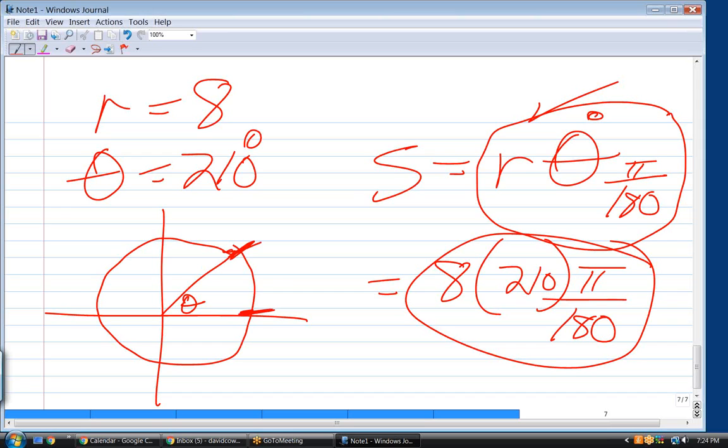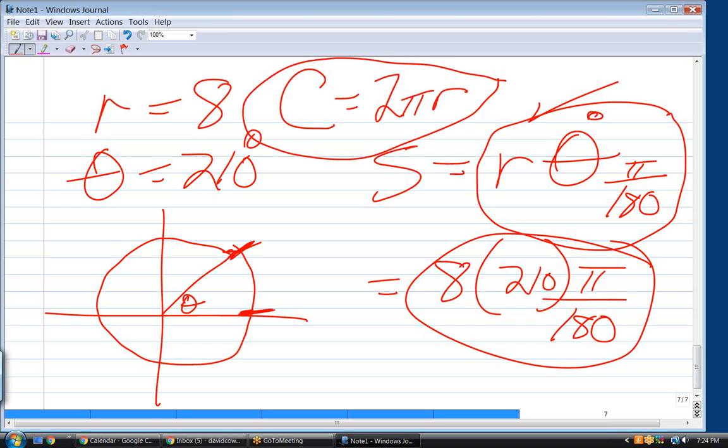Well, notice that if I want the length of the entire circumference, what would theta be? 360, and what is that in radians? It would be 2 pi. So my circumference would be 2 pi r.